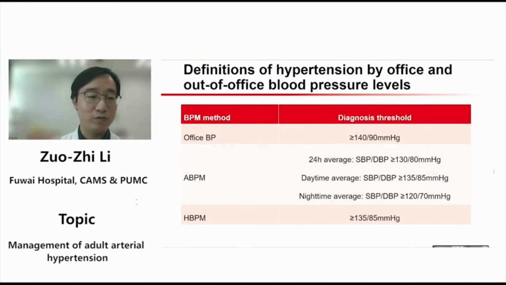According to the guidelines, hypertension can be diagnosed with either ambulatory blood pressure monitoring or home blood pressure monitoring.